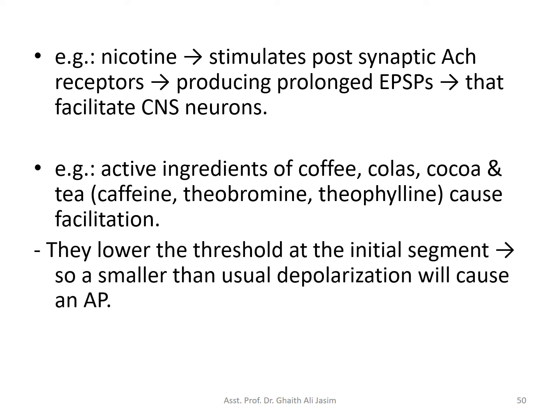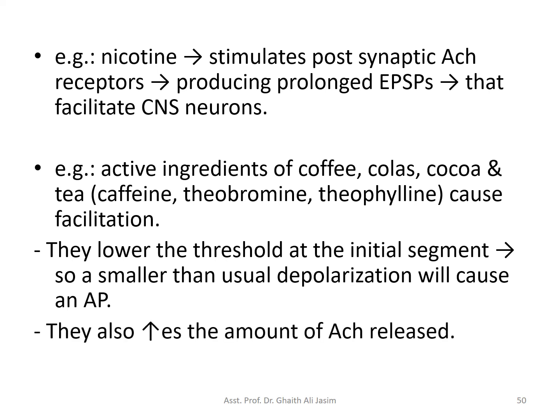They lower the threshold at the initial segment, so a smaller than usual depolarization will cause an action potential. They also increase the amount of acetylcholine, the neurotransmitter, released, so it will cause more channels to be open. So these are nice examples for facilitation.